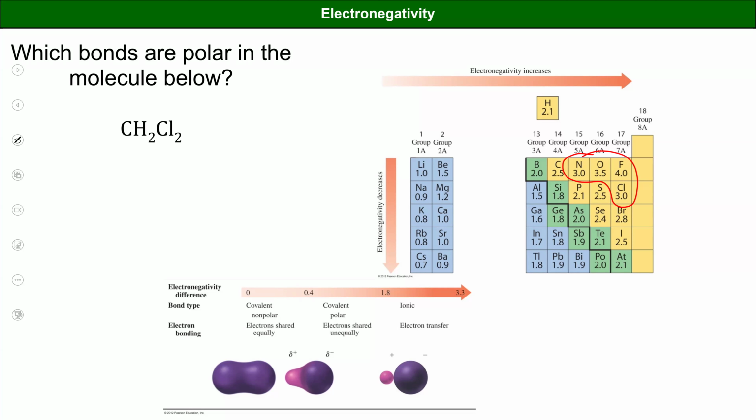Anybody who's ever tried to clean a bacon pan knows that polarity matters, because you can't just use water to clean bacon grease, right? You try to use water to clean bacon grease, you're just spreading grease around. You need to use other molecules that have similar properties to the bacon grease in order to clean it up.